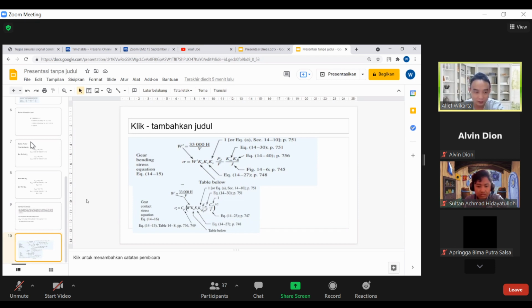But in these problems we use some load divided by another load.